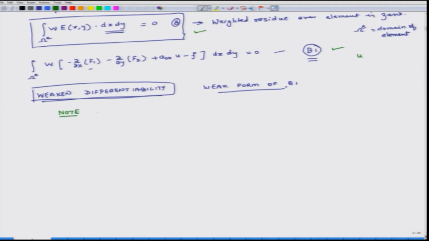that del over del x of w times f1 is the partial derivative of w with respect to x times f1 plus w times the partial of f1 with respect to x.